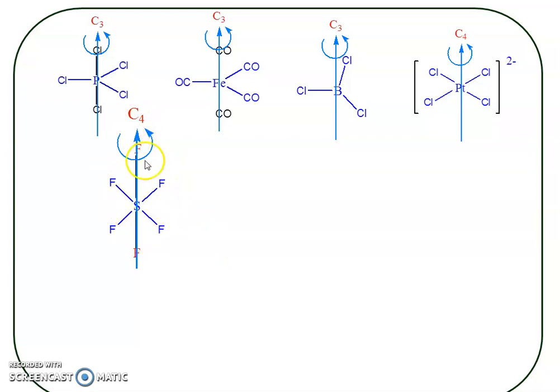When this molecule is rotated along this axis through 90 degrees, we get equivalent structure 1. The second time when this molecule is rotated through 90 degrees, we get another equivalent structure, structure number 3. And similarly when the molecule is rotated 4 times through 90 degrees, then we get the original or identical structure.